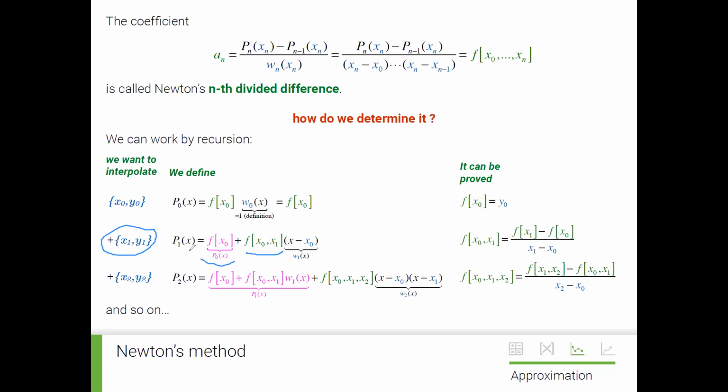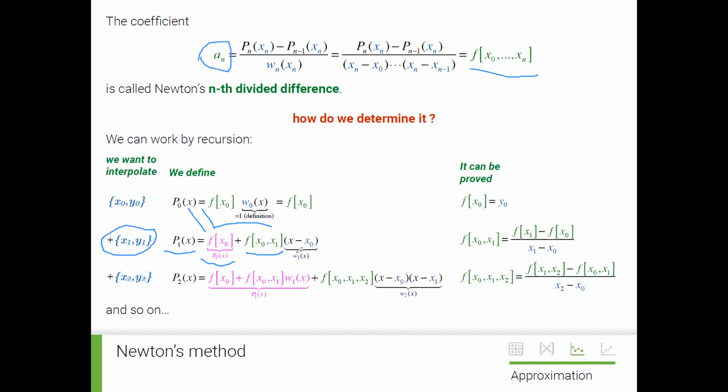When we find this P1 of x, it will be f(x0) plus f(x0, x1) times w1. This is the coefficient. We denoted it with f(x0, xn). So this is just a coefficient. From the previous slides you can consider that this is just P0 now, and W1 here.